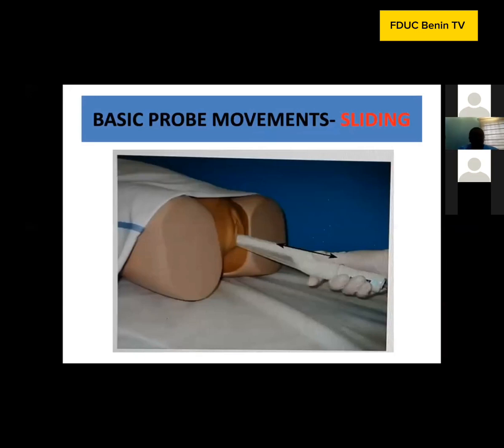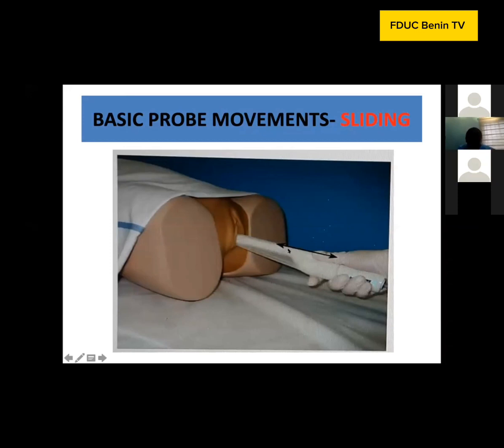Now to the final point. The first movement, usually, when we introduce the probe into the vagina and aim to advance it, is called sliding movement. This is the movement along the length of the vagina, necessary to view the entire pelvis and to focus on particular images.